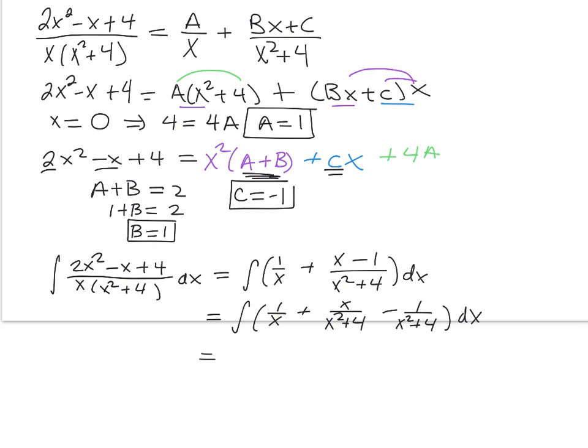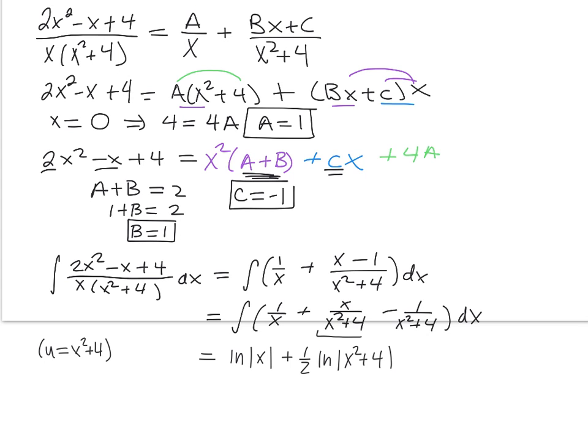The antiderivative of 1 over x is ln absolute value of x. This middle term is actually going to be 1/2 ln absolute value x squared plus 4. If you wanted to work that out to convince yourself, you could let u equal x squared plus 4 and do a substitution.